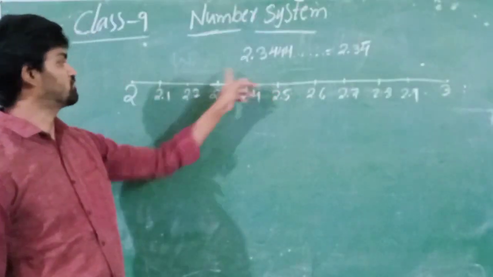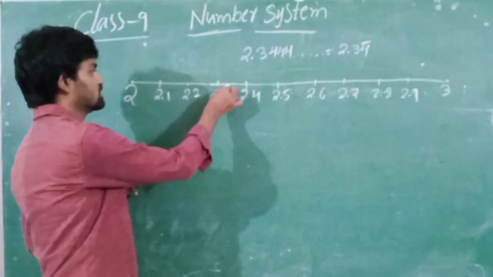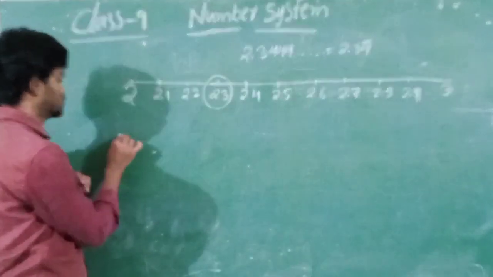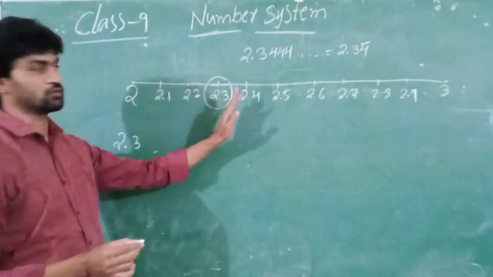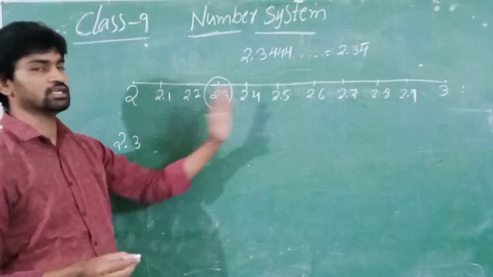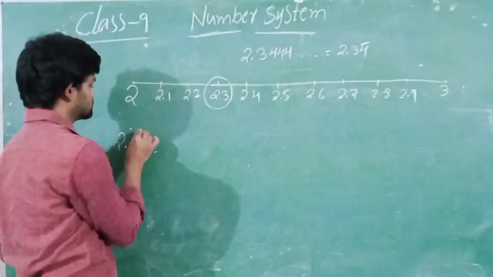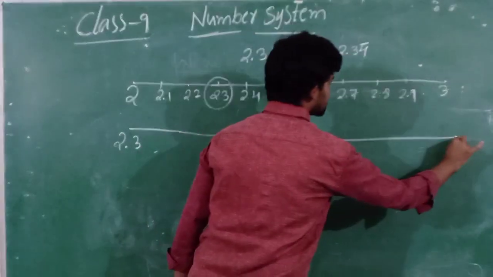Now what comes after 2 here is 3. So where is our number? So this is our 2.3. Next take that 2.3. What is the next number? It is 2.4. So this number lies in between 2.3 and 2.4. Again insert numbers.